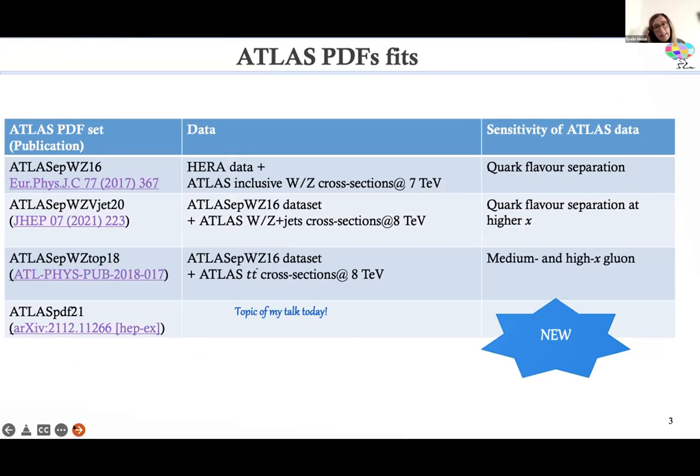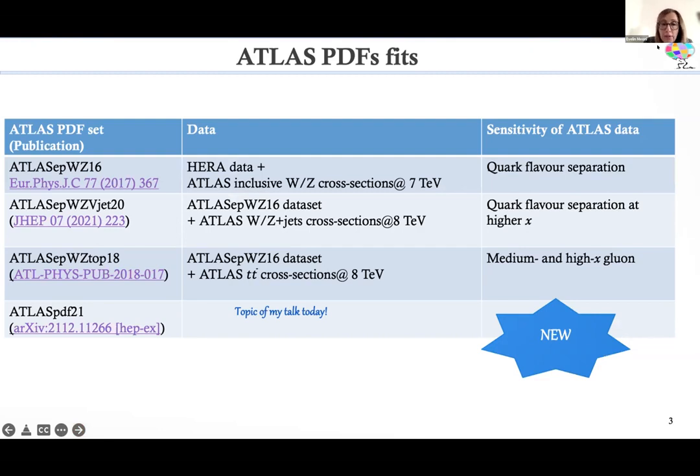And the ATLAS experiment has always been at the forefront of this challenge. In the past, we published a PDF fit where we used the HERA data plus the ATLAS inclusive W and Z cross-section measurement at 7 TeV. And the fit provided the separation of quark flavor.